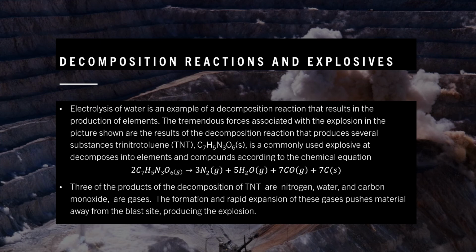Three of the products of the decomposition of TNT are nitrogen, water, and carbon monoxide, and these are gases. The formation and rapid expansion of these gases pushes materials away from the blast site, producing the explosion.